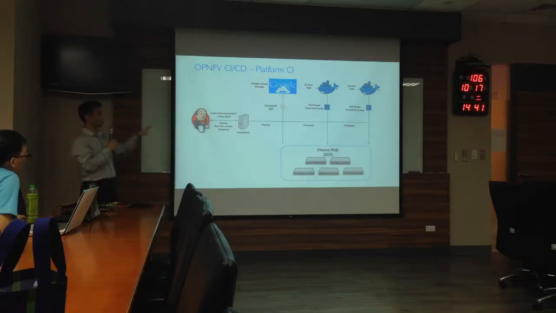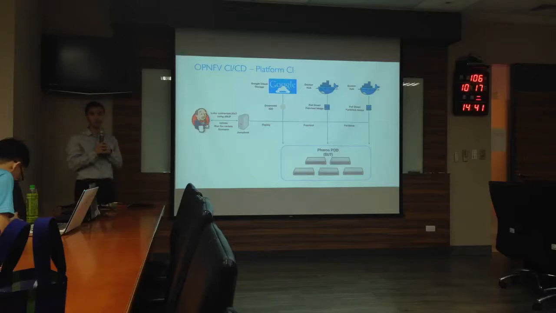This is our CI/CD pipeline, and hooking it up to our Jenkins tool chain doesn't require signing any legal documents or membership by any means. Anybody can do this, assuming you have a hardware or even virtual environment that you want to deploy and test OPNFV on.